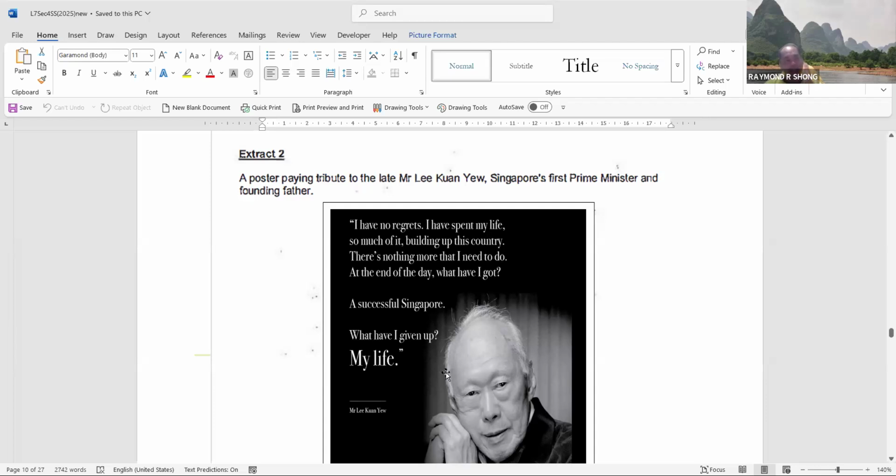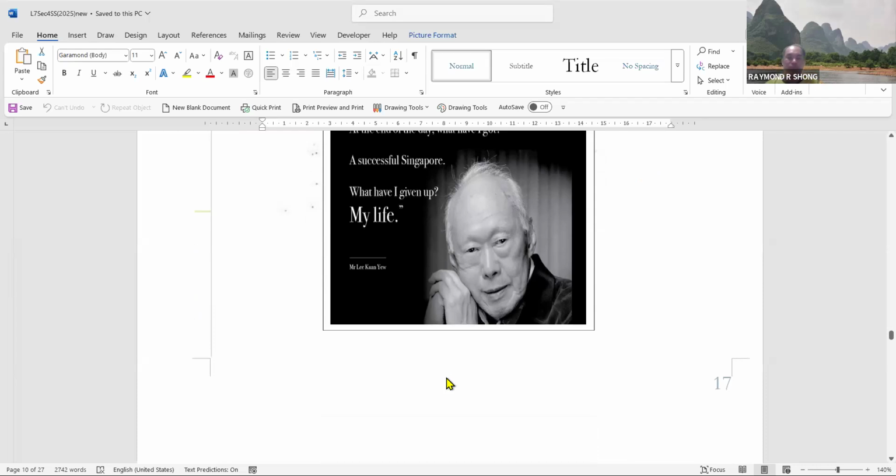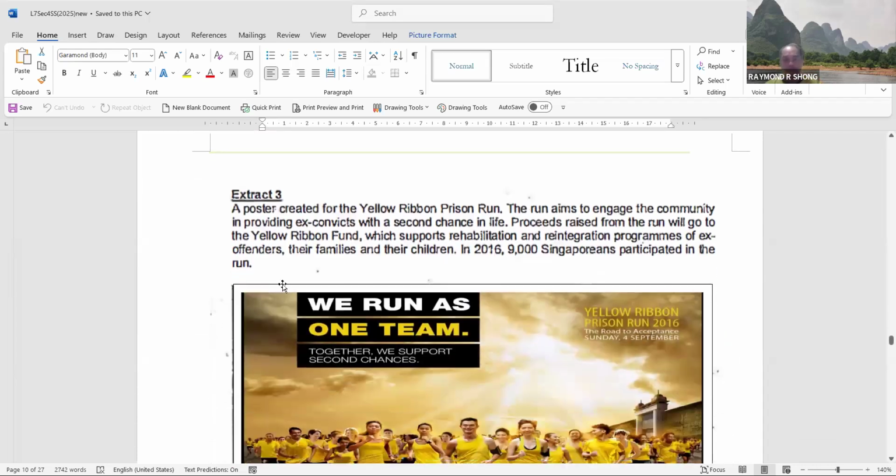And this is the 60 years of independence. Very important. Can you read again, Bohan? Extract 3. Bohan. A poster created for the Yellow Ribbon Freedom Run.